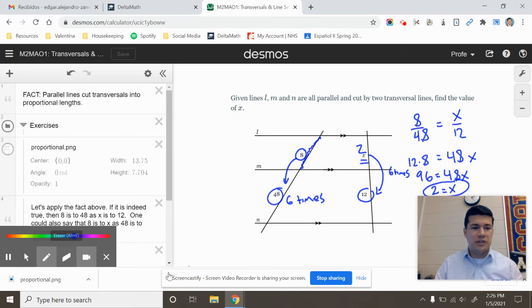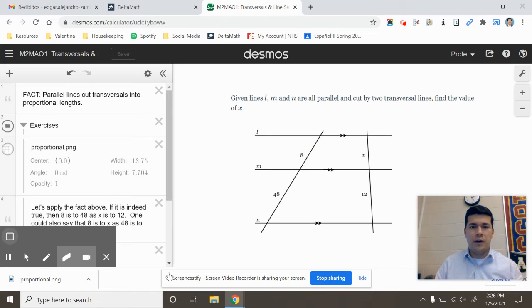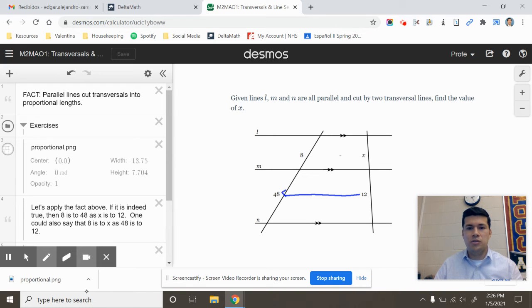We can also look at this in another viewpoint, right? We can say, well, the relationship between my long segments, the relationship between short segment to long segment should be the same for both sets right here. So 12 is to 48 as X is to 8.